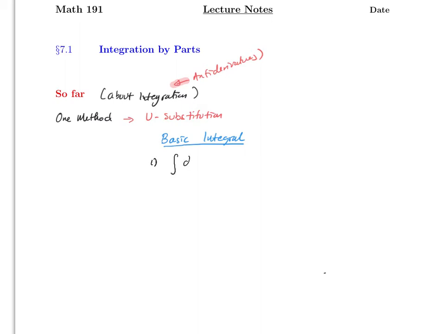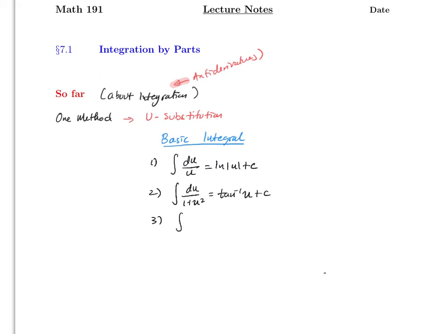The integral of du over u is equal to ln of u plus c. That's number one. Number two, the integral of du over 1 plus u squared is equal to tangent inverse u plus c. Number three, and they're not in any particular order of importance, okay?